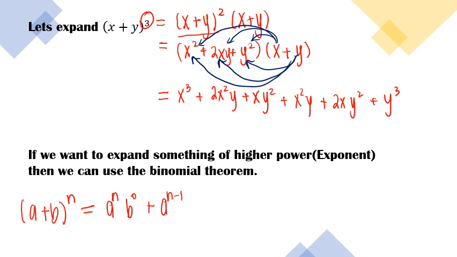Basically, you decrease the exponent of a and you increase the exponent of b, and you keep doing that until you reach b to the n. So the previous one would be a to the 1, b to the n minus 1, and a to the 0 there technically.